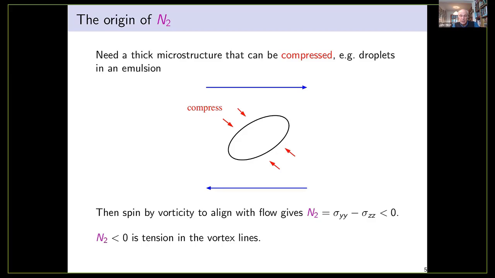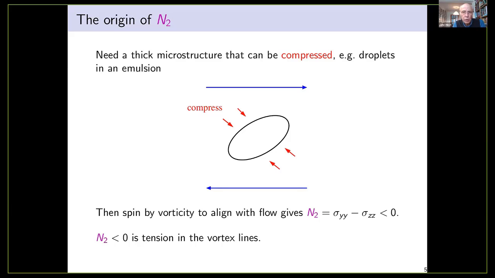Rather than saying it's a negative Y, that is equivalent in that difference to being a positive Z, and that would be a tension in the vortex lines. So this entire talk is going to be about tension in the vortex lines.